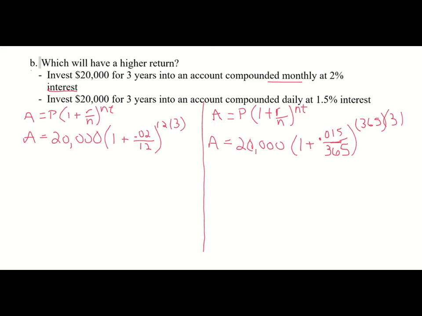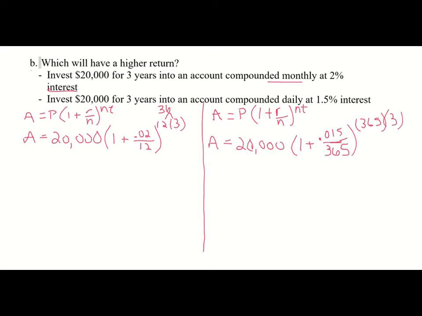So let's go ahead and calculate the first one. We are going to do our 2% interest rate, and it is going to be 12 times 3, which gives me 36 for my exponent. So I'm going to do 0.02 divided by 12 plus 1.